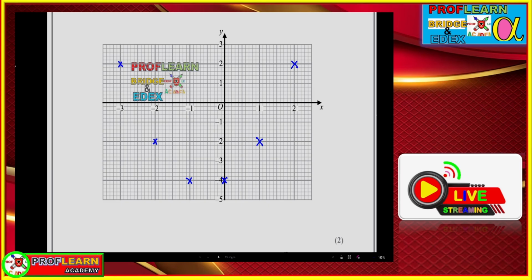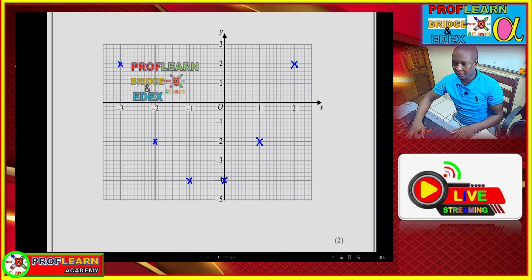So reaching that point, we can now go ahead and try our level best to draw a smooth line. And that smooth line has to pass through all the points. Of course, you are going to use your free hand to draw that.